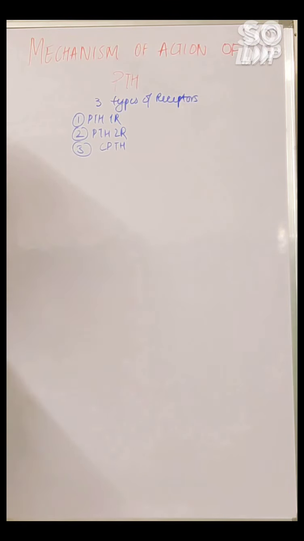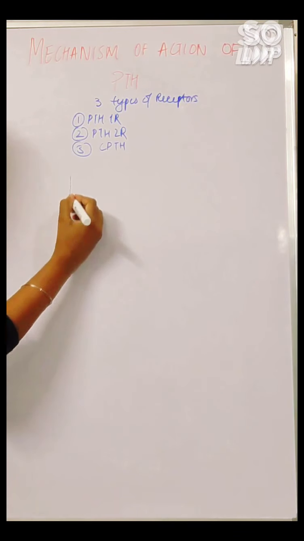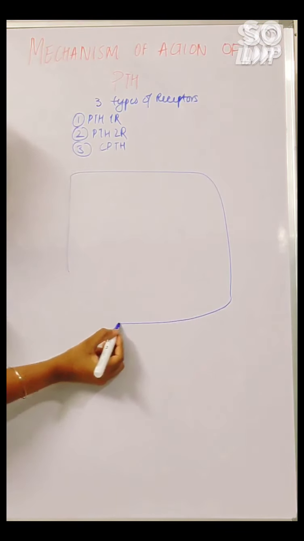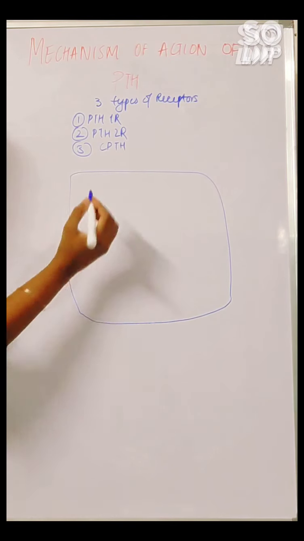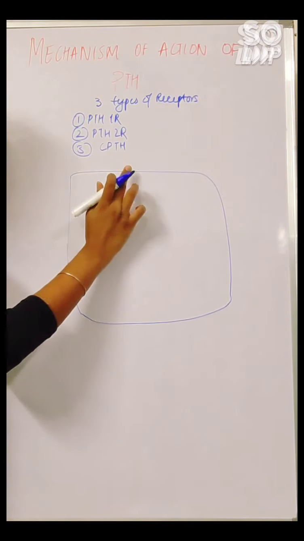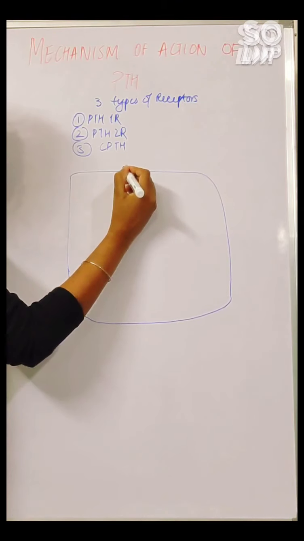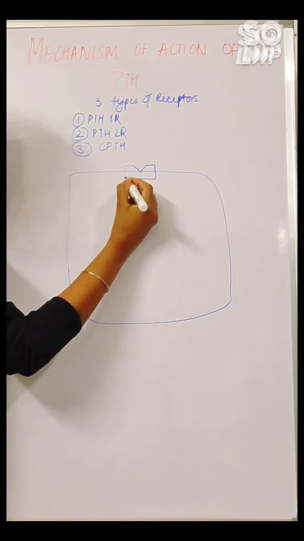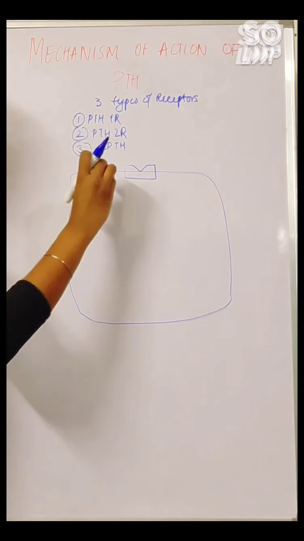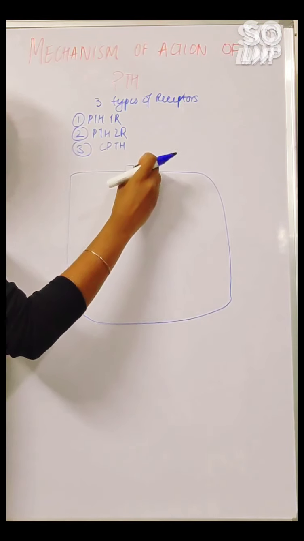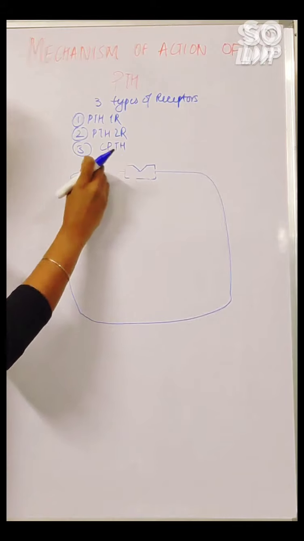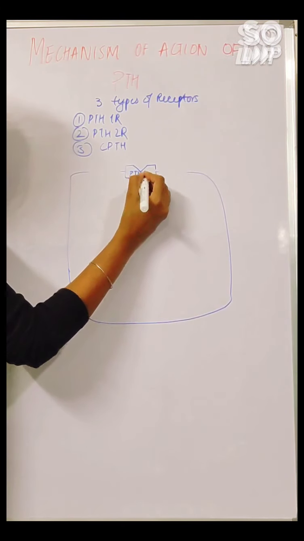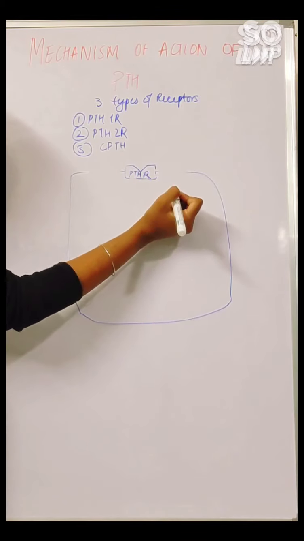Okay, so considering this to be your target cell here, here you have the parathyroid hormone receptor. You can also write it as PTHR, parathyroid hormone receptor.